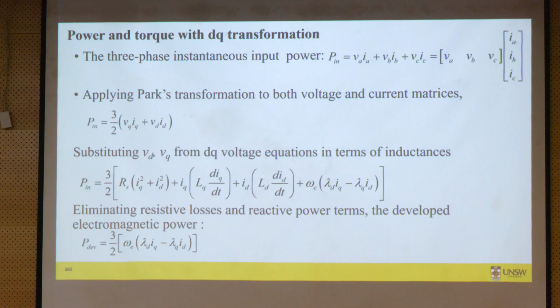Now that's our voltage equation. Now we also want to see how our torque and power look in dq axis, right? So if we want to analyze the motor in transient condition, we must look at instantaneous power, not the average power, okay? So for three-phase, instantaneous power, as you all know, is the summation of instantaneous voltage and current of each phase summed up together, right?